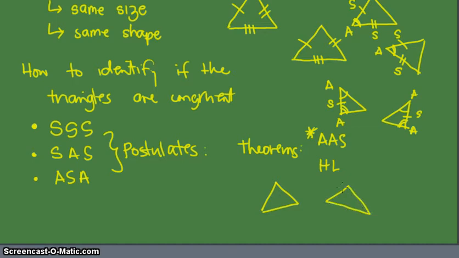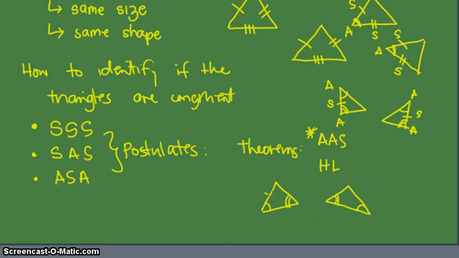Suppose I know that this angle is equal to this angle, and this angle, as indicated in the two figures, is equal to the second angle.